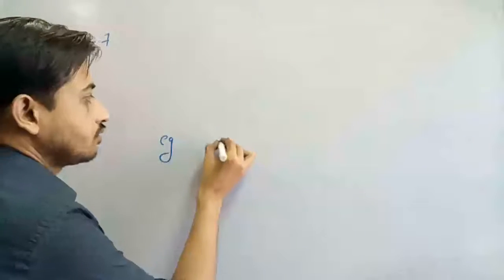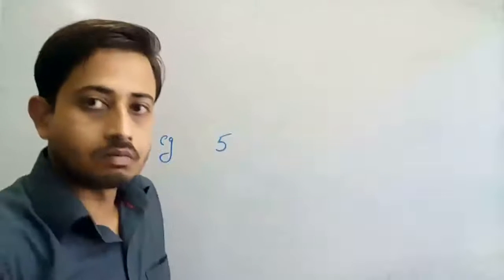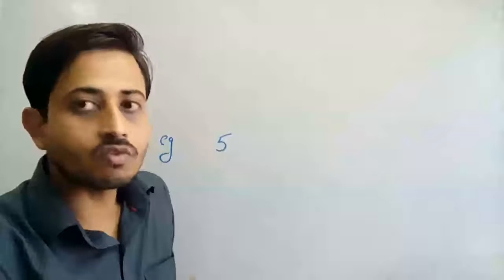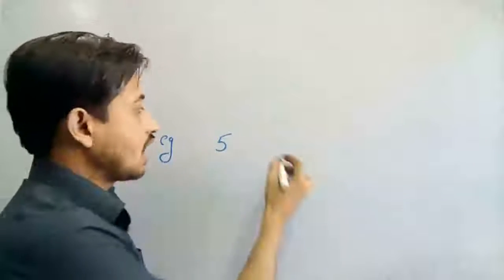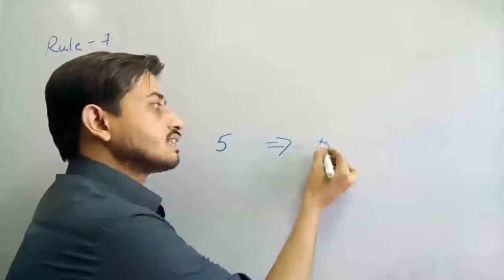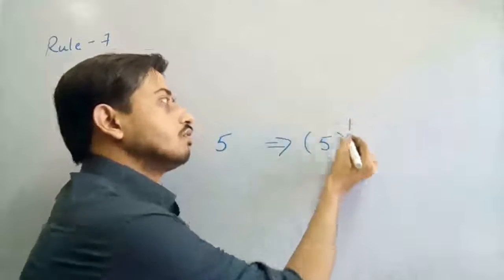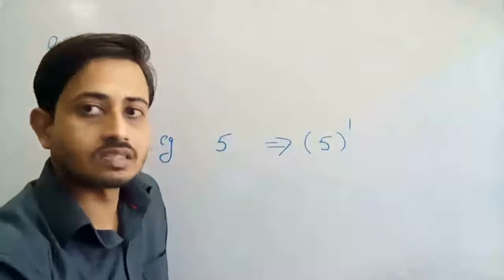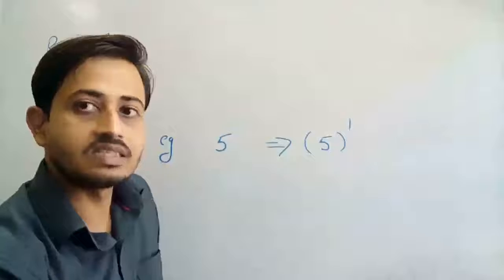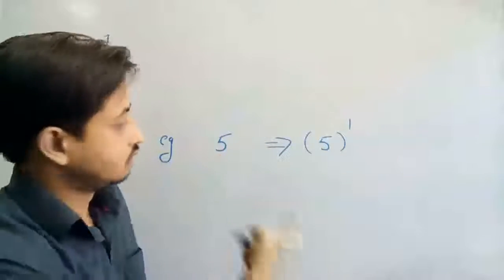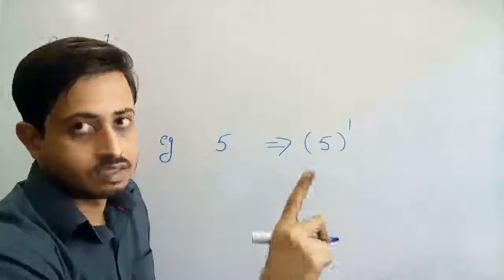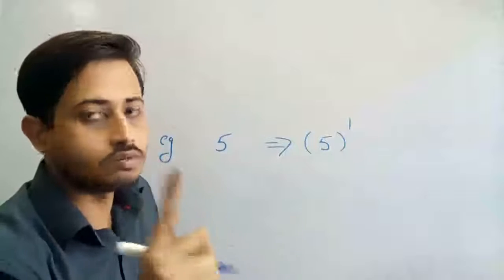For example, if the number is 5 and I want to write it in terms of exponent and power, I can write it as 5 raised to the power 1. Because if a number has no power, it means the number comes only one time. So 1 indicates that the number 5 comes only one time.